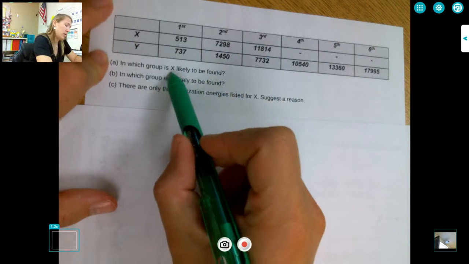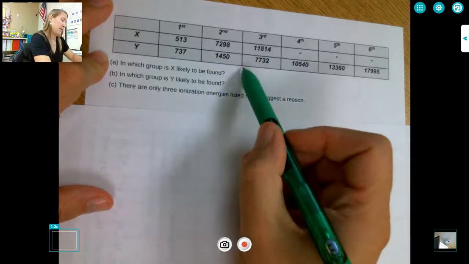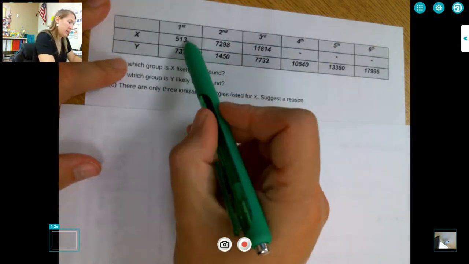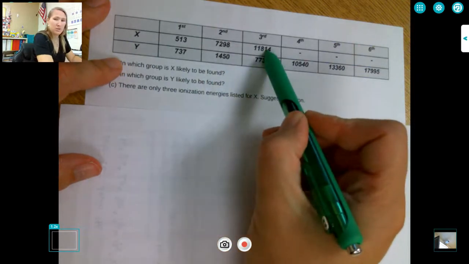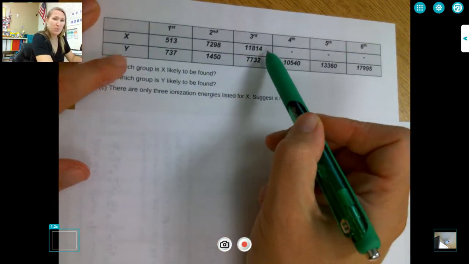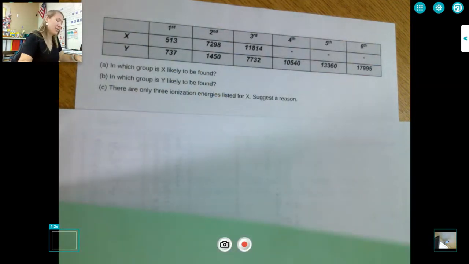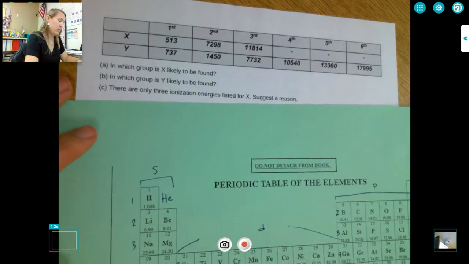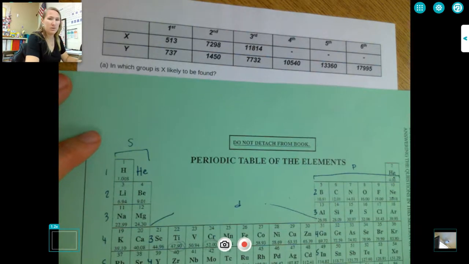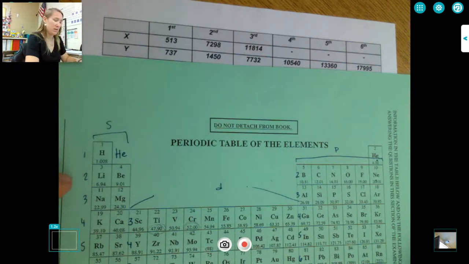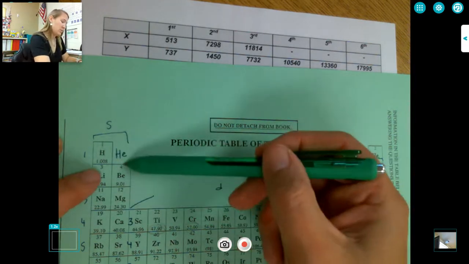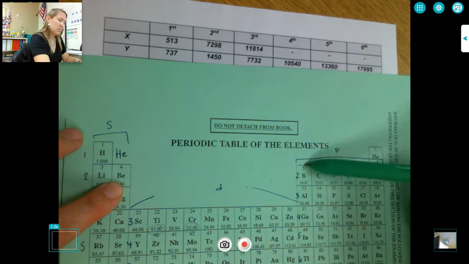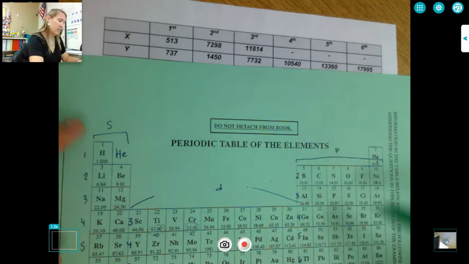So first question, what group is X likely to be found? Well, it looks like there's only 3 electrons that are able to be removed from X. So that means that it must be in the third group of the periodic table because it only has 3 valence electrons. So the other elements that only have 3 valence electrons are in groups 1, 2, 3. So it must be in this third group to have 3 valence electrons.